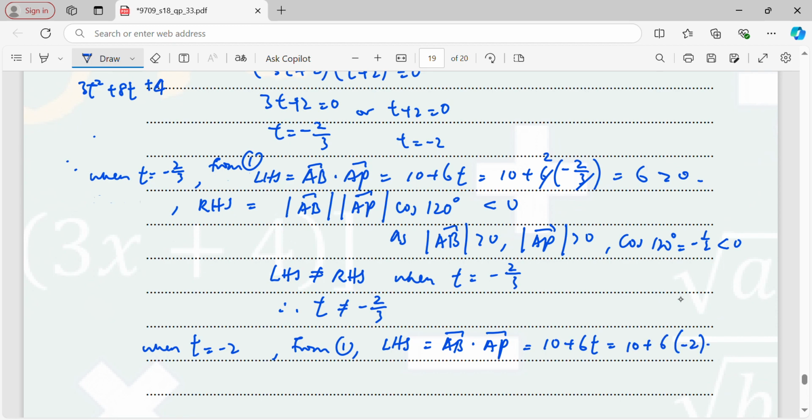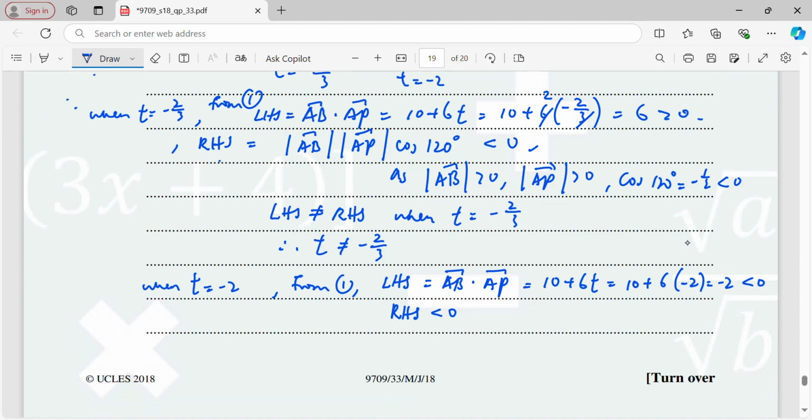This is negative 2. That is less than 0. That means it will be the same as the right hand side because your right hand side is less than 0. So right hand side is less than 0. Right? That means now here I know that t must be negative 2. Okay, so from here left side equals right side.